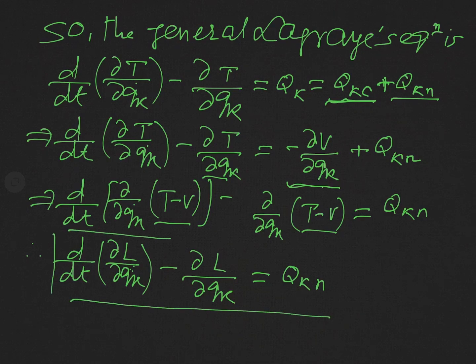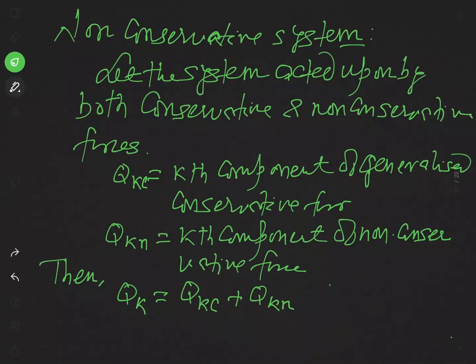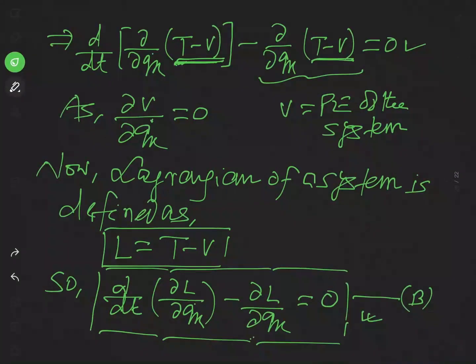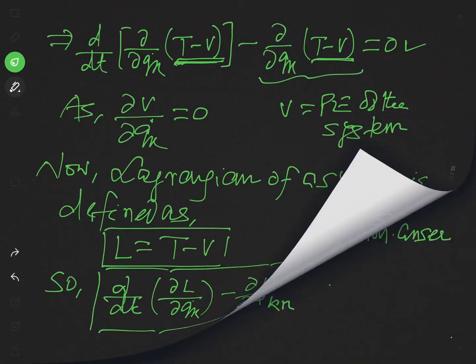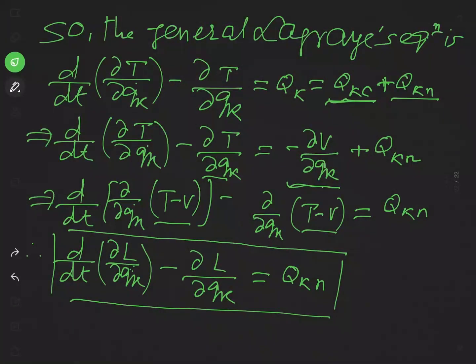This is actually the Lagrange equation for a non-conservative system, or you may say this equation will hold when, along with the conservative force, non-conservative force also acts on our system. Say this equation is C.